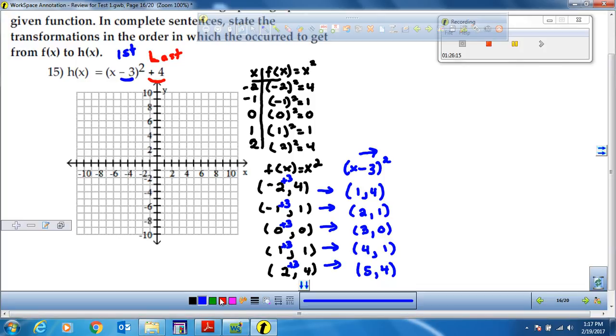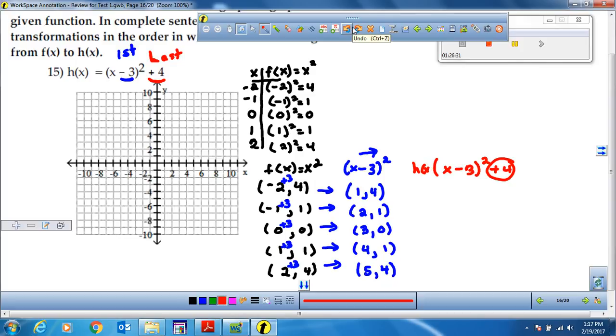Now, next transformation is, we're going to apply the plus 4. That's going to be the next thing, and that's basically going to complete the function, because this is going to be the function h of x already. So what is that plus 4 going to do to the function? It is going to shift it up 4 units. And when it shifts up 4 units, all of the y values will be increased by 4.